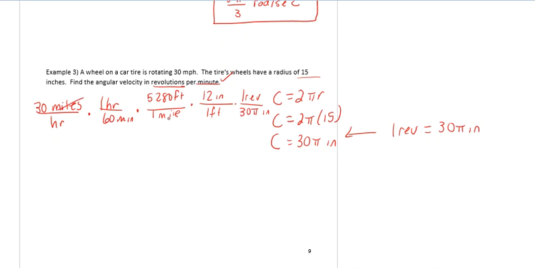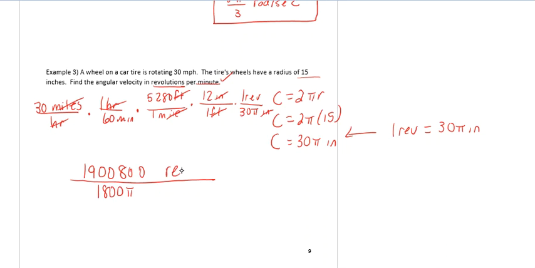You can see my miles canceling, my feet canceling, my inches canceling, and you can also see my hours canceling. So on the top, I have 30 times 5280 times 12. And then on the bottom, I have 60 times 30 times pi.